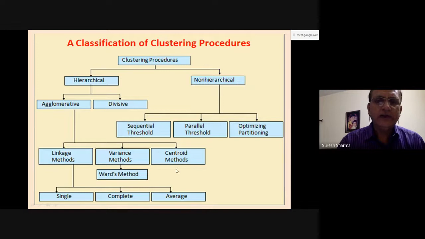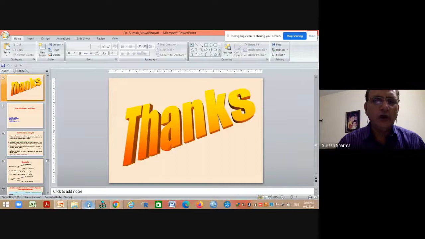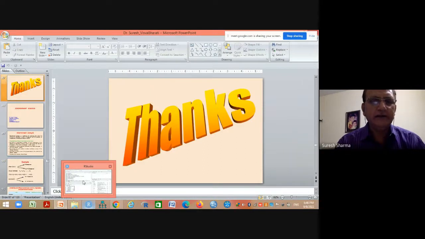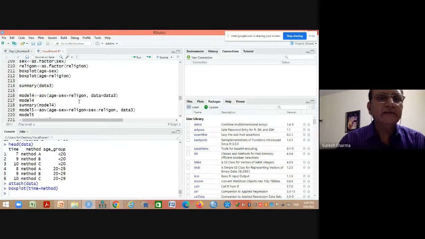Another one is the average method, or the complete method and average method. I will be using these two methods, average and complete, in hierarchical clustering. Once we know the number of clusters, I'll put that into non-hierarchical clustering. That is the procedure we have to follow. I'll take up an example and show you how the clustering can be made. It's the same data. So let me take the data of cluster analysis.